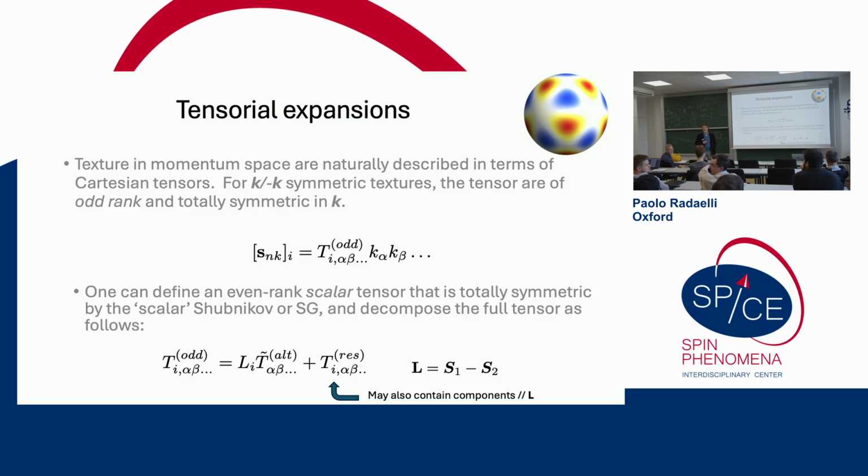Postulating the first term is equivalent to applying the spin-only part of the group. It's not the Shubnikov group. No, that's not true. It's a scalar Shubnikov. It's not the magnetic point group. It's the scalar Shubnikov that is the magnetic point group of a hypothetical structure in which instead of having axial vectors, you have time reversal of scalars.